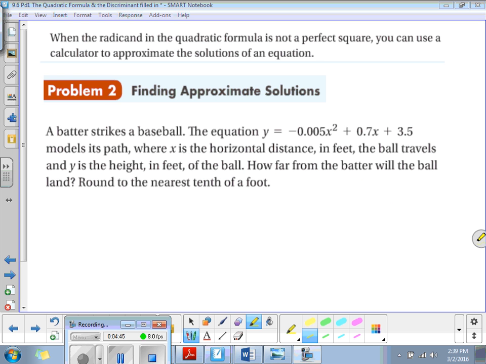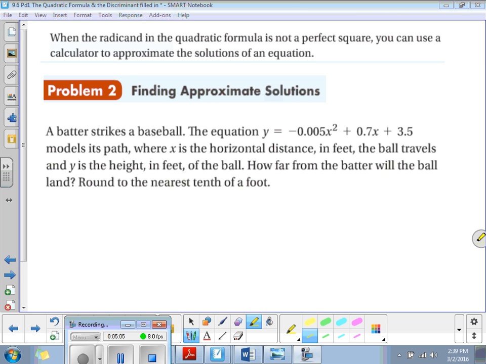All right, problem 2. When the radicand in the quadratic formula is not a perfect square, you can use a calculator to approximate the solutions of the equation. So problem 2 says, finding the approximate solution. A batter strikes a ball.